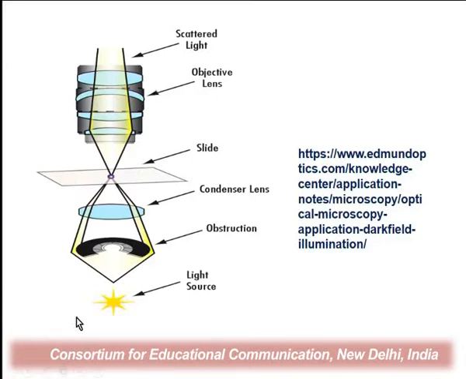In this diagram, we can see that the illumination source happens to be visible light, and it gets converged with the help of a condenser lens on a slide, and this slide or the specimen refracts and changes the course of light, and these lights after interference and diffraction pass through the objective lens, and this objective lens ultimately creates an image on the eye or on the detector sensor.